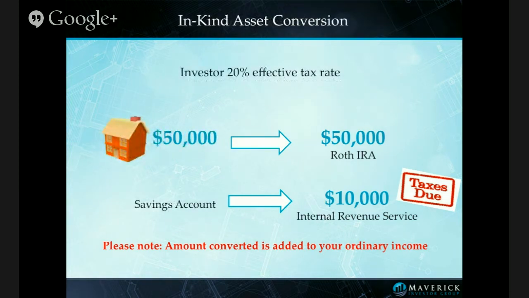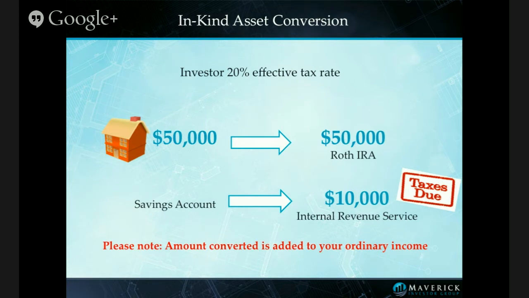So I think you get the concept at this point, but one of the things that you'll see here next is that if you already own real estate inside a tax-deferred environment like a traditional IRA or a solo 401k, that real estate can also be converted to a Roth IRA. You would just simply take the value of that asset, convert it.